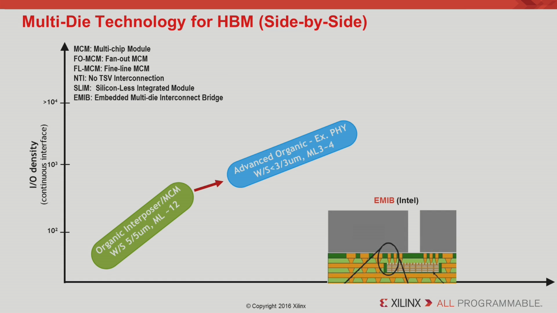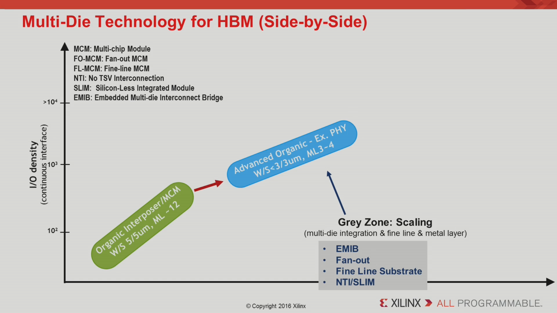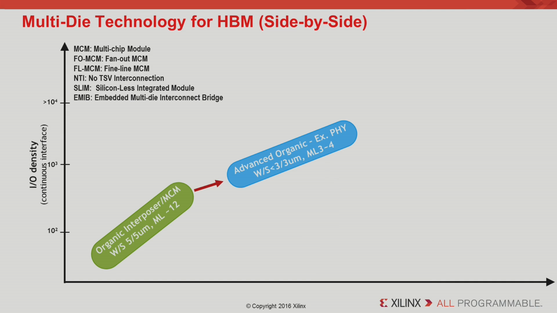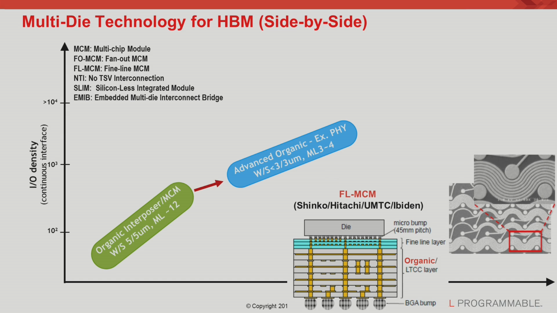Those are all trade-offs to be worked out. If you go back to the other options, the fan-out comes from either the foundry or the assembly provider. It's more a wafer-level integration method. And you have the fine-line options, which are more coming from the substrate provider. I'll touch upon those next.